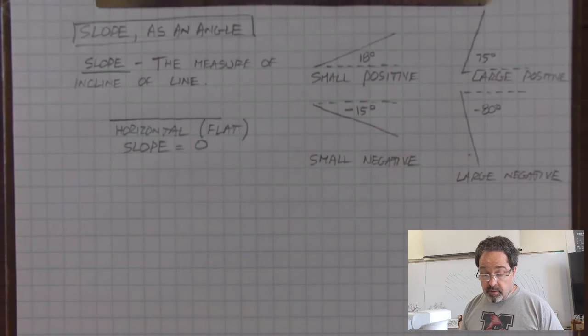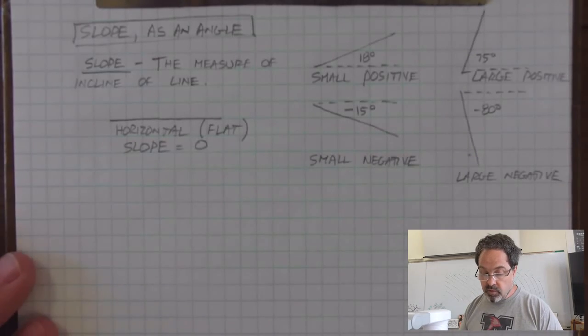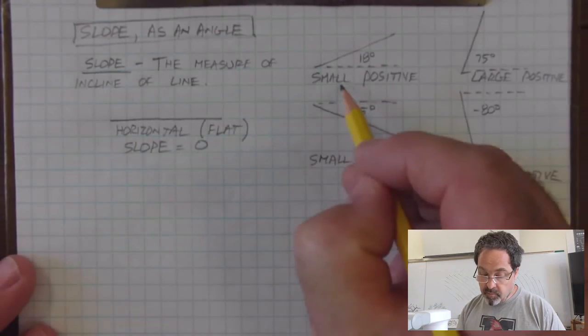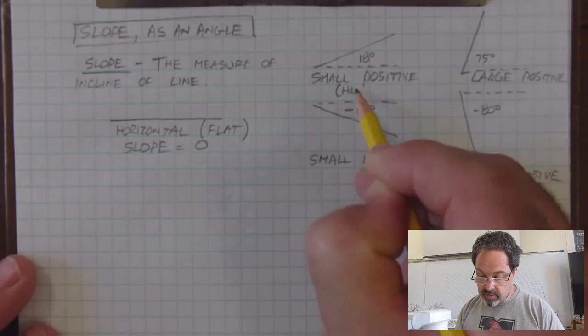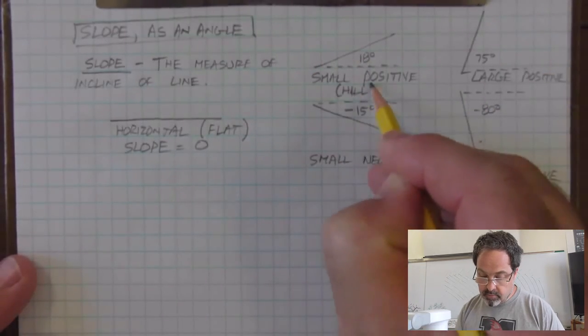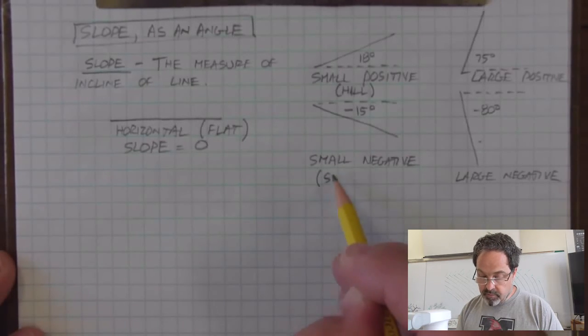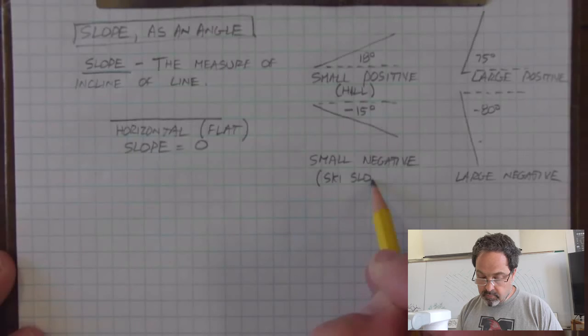Some real-world examples of things that have these slopes. We could consider maybe the small positive slope to be like a hill that we could walk up. A small negative slope, we could think of a ski slope.